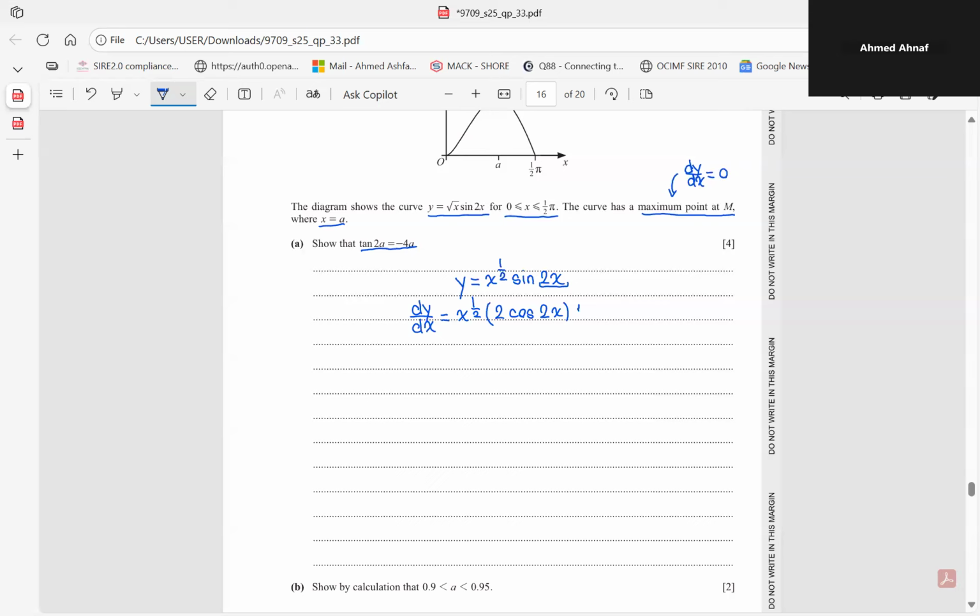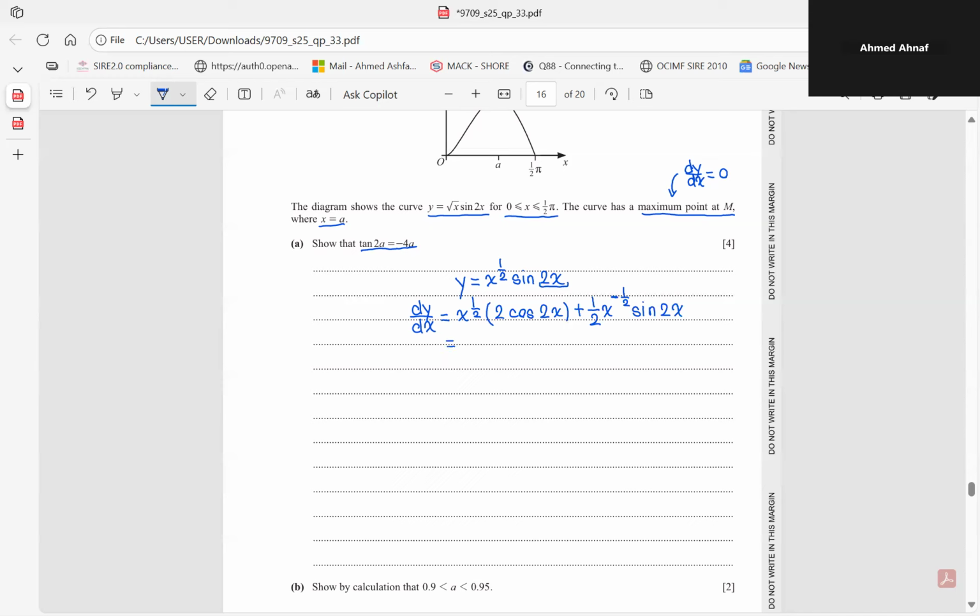Okay, and then plus the derivative of x to the power of half. So this is half times x to the power of half minus 1. So minus 1 plus half, that is, let me check. Minus 1 plus half. That's just minus half, and this is sine 2x.